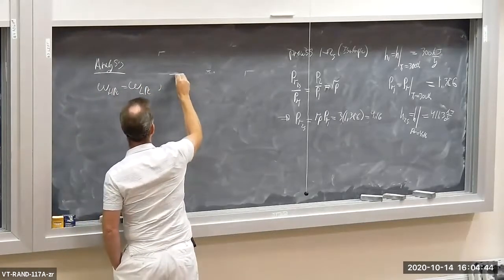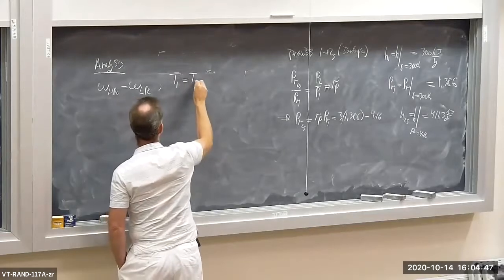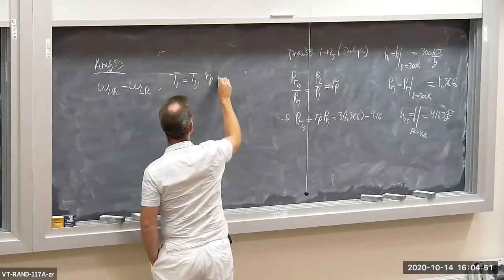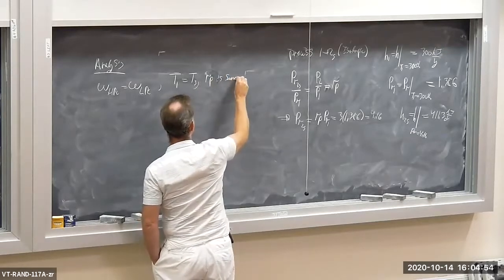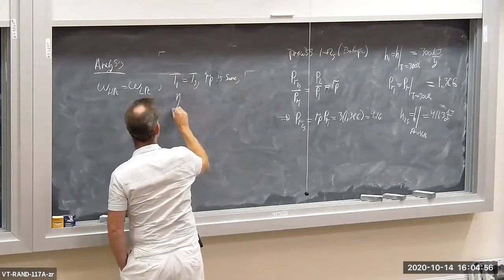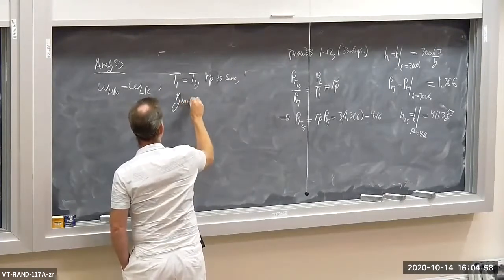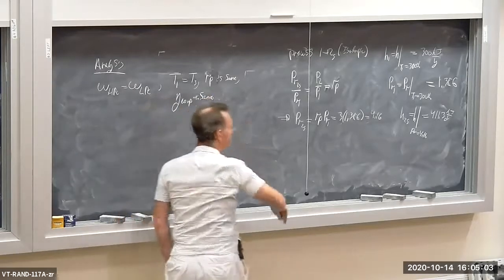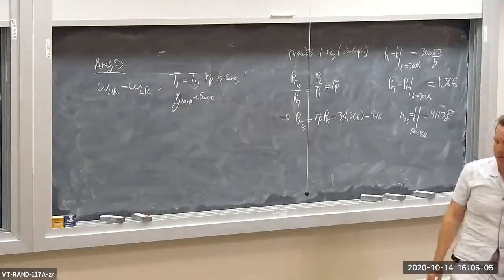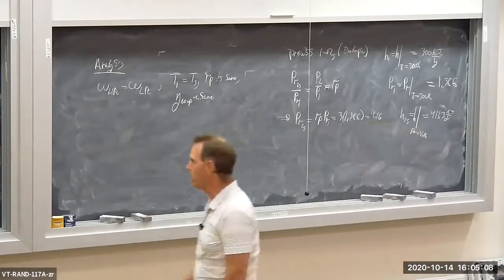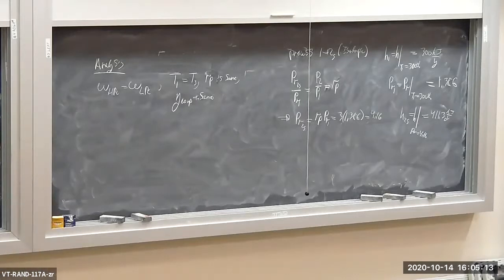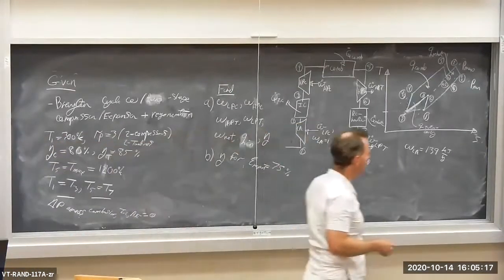Why? Because the inlet temperature T1 is equal to T3, the pressure ratio RP is the same, and the isentropic efficiency for the compressor is the same. So you go through the calculation, you'll get exactly the same outlet state and therefore the exact same specific work. So WLPC is equal to WHPC, and they're both 139 kilojoules per kilogram.